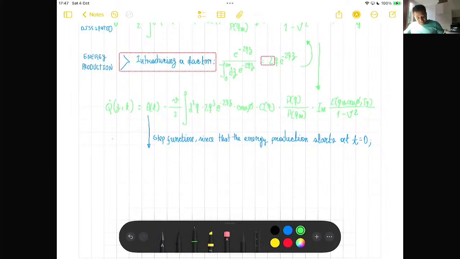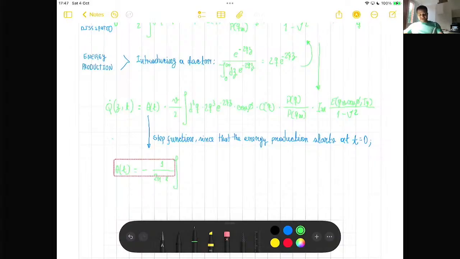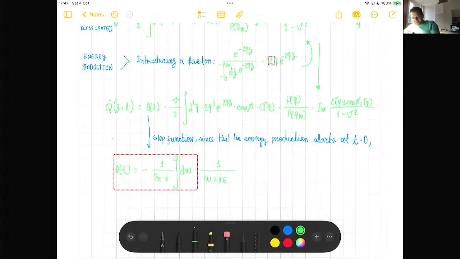So the step function is given by theta as a function of time equal to minus 1 divided by 2 pi, the complex term, the integral over the frequency of 1 divided by the frequency plus the complex term times epsilon, which is the strain. No. Epsilon here is not the strain.